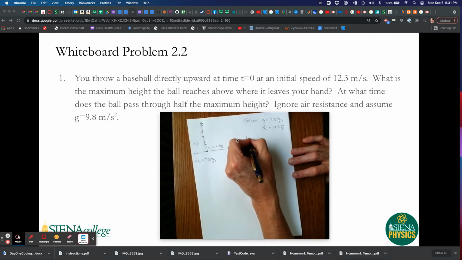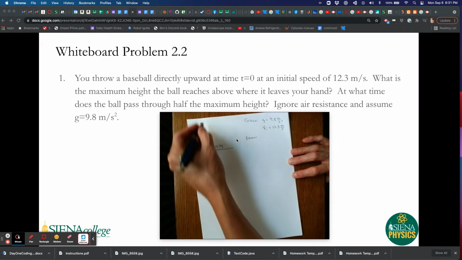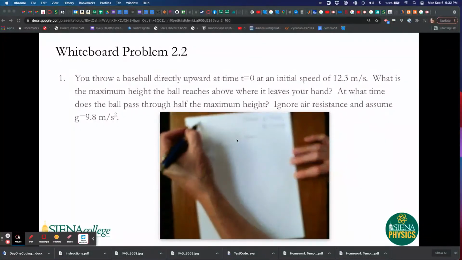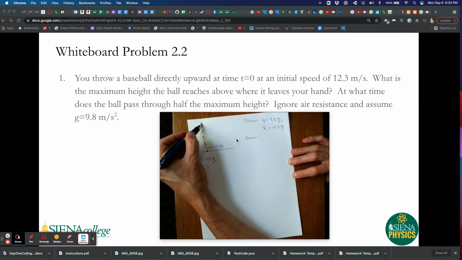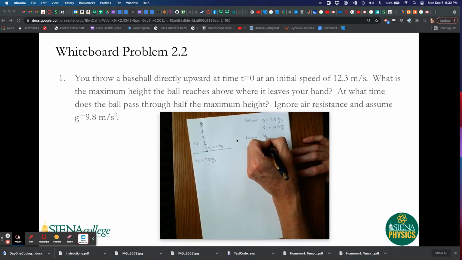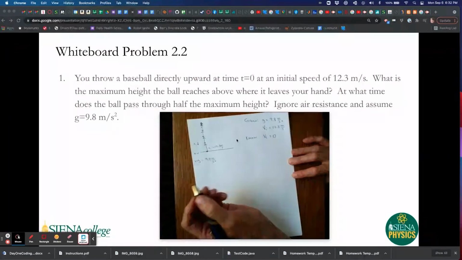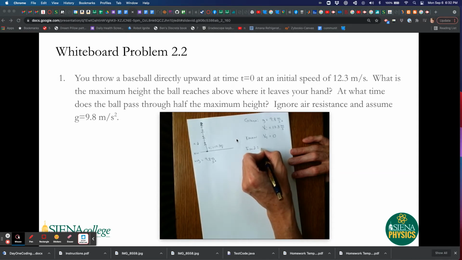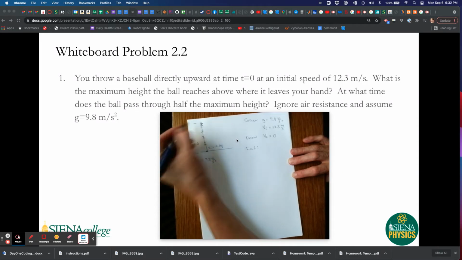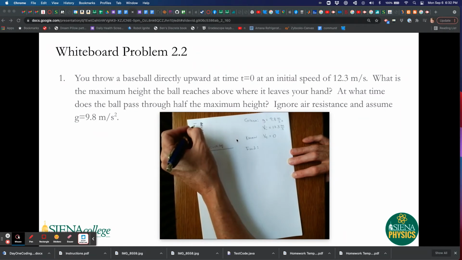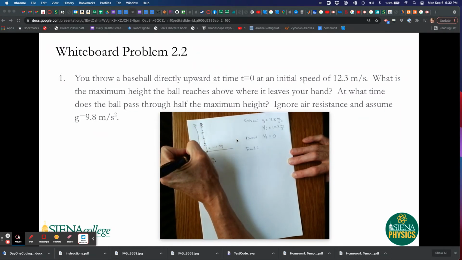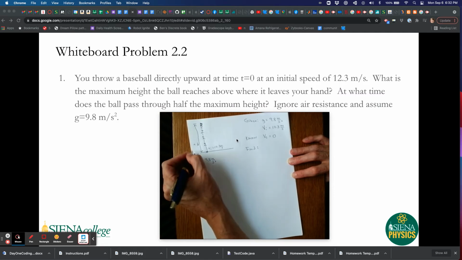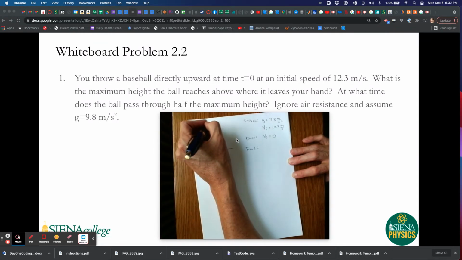The other thing, I know that when the ball reaches its final height right here, my velocity is equal to 0. So I'm going to say v final is equal to 0. And I want to find the delta y, from here to here. So instead of x, let's call this y. y equals 0, and y is equal to y final up here.